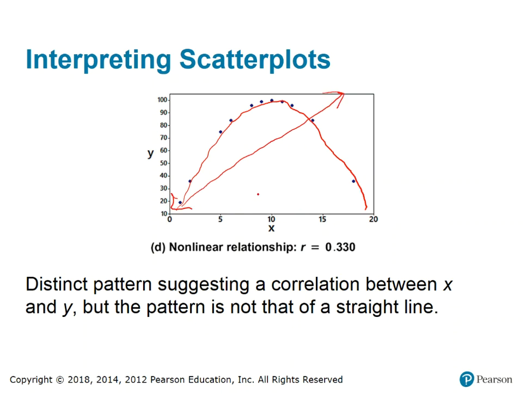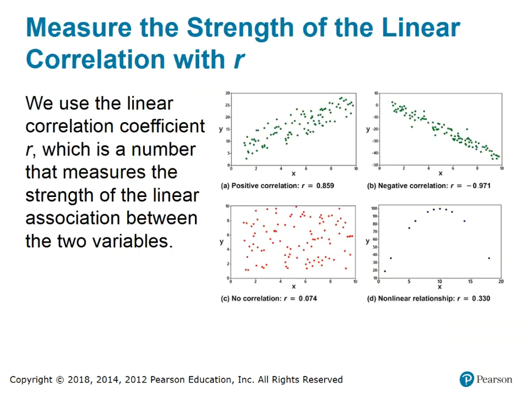And I don't know if that's where the line would be or not, but that's what the 0.330 is really measuring for us. So here are all those slides put together. We definitely want to make sure we understand that we're just measuring the strength of the linear relationship or association. So this is a poor R score because I can see that it is definitely not a linear pattern.